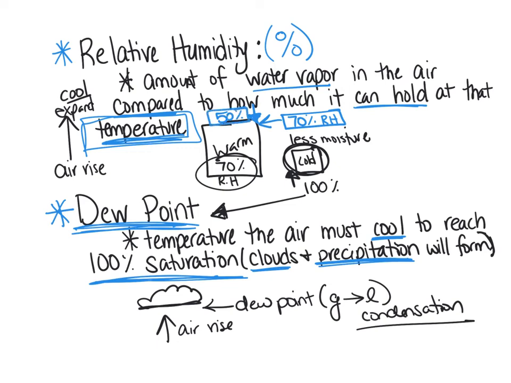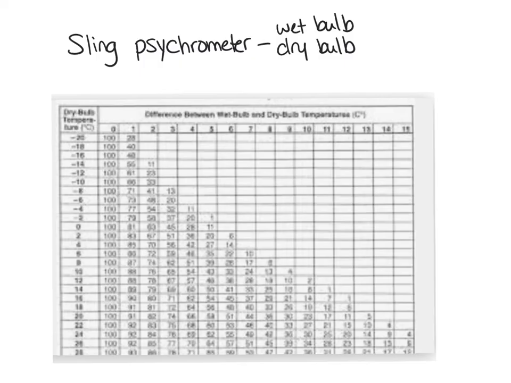That's going to be a low relative humidity, and we're not going to have the formation of clouds. Whereas with the other situation where we had warm air and cold air came in and our relative humidity increased, that may drop us down to the dew point, causing the formation of clouds.